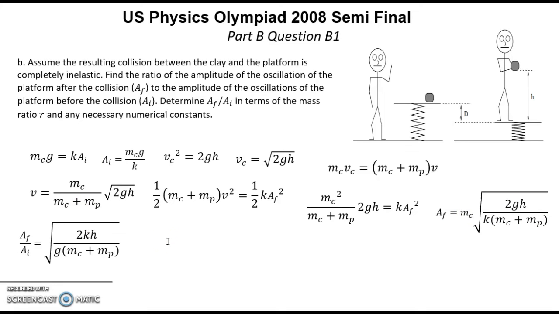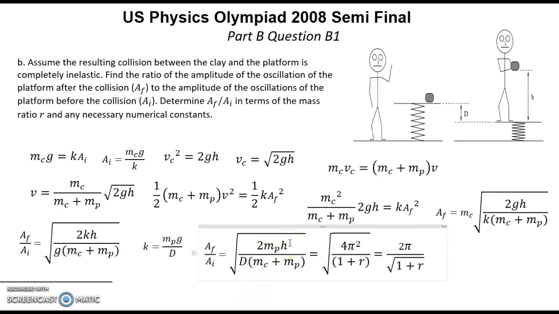So we have to exclude the constant k, but we remember that the constant k was first found from k equals mp g over d. So we can substitute it here, and we have this expression. Also we have h over d, which we already counted.